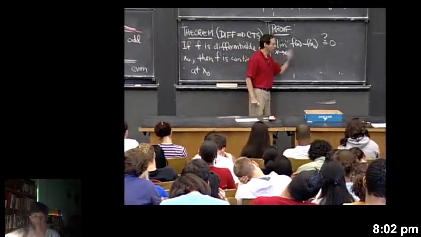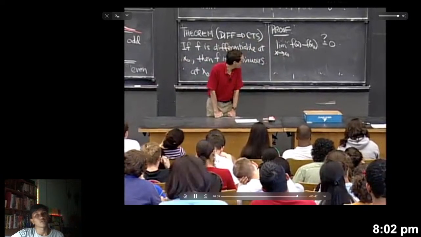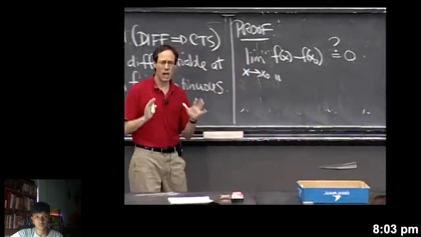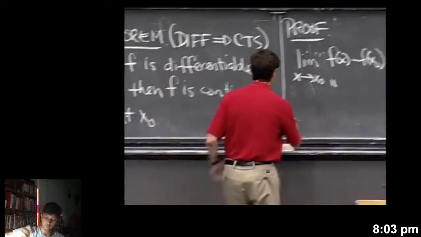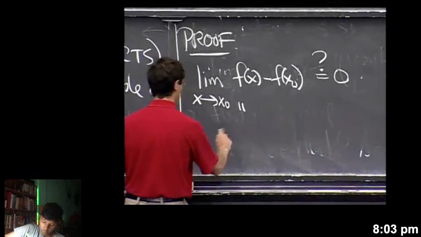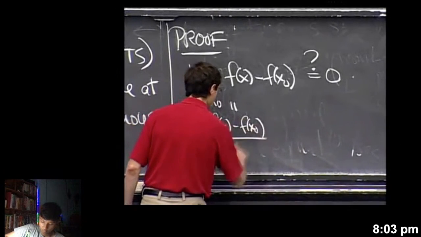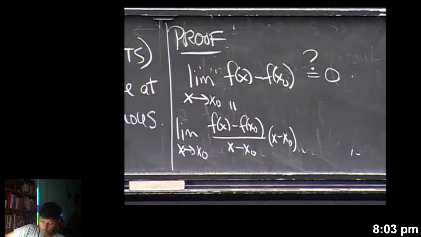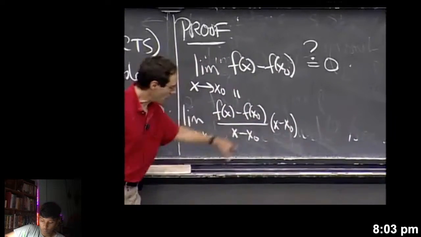Now, the way this is proved is just by rewriting it, by multiplying and dividing by x minus x0. So I'll rewrite the limit as x goes to x0 of f of x minus f of x0 divided by x minus x0, times x minus x0. This is just the same limit, but I multiplied and divided by x minus x0.